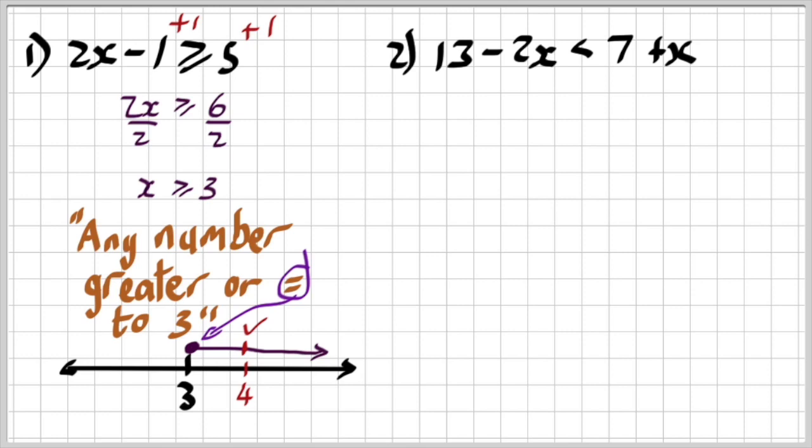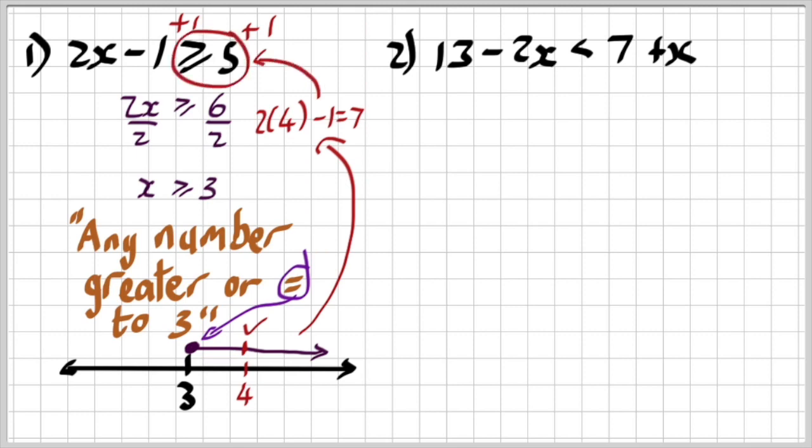What does it mean? Any number bigger than 3 is a possible answer for the inequality, which means 4 should be right. But let's check it. So if I take 2 times 4 and I subtract 1, that is 7. Is that greater or equal to 5? That is the question.